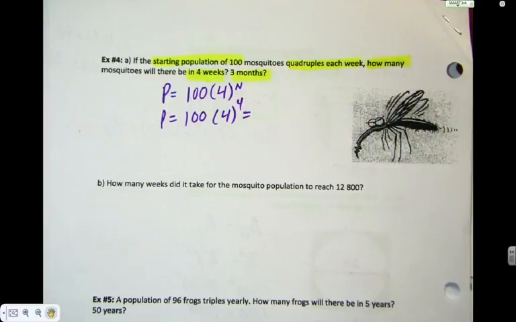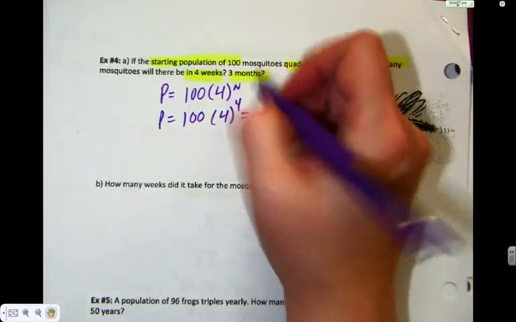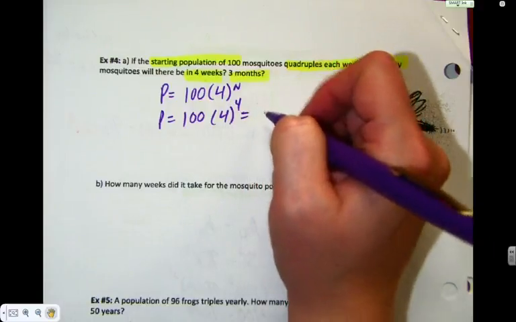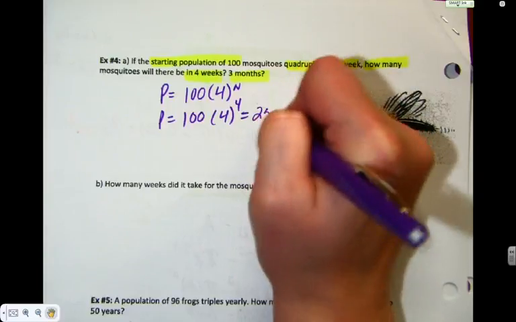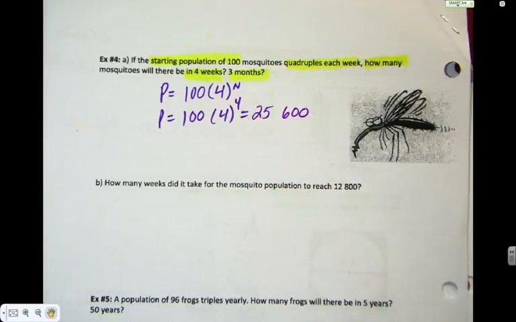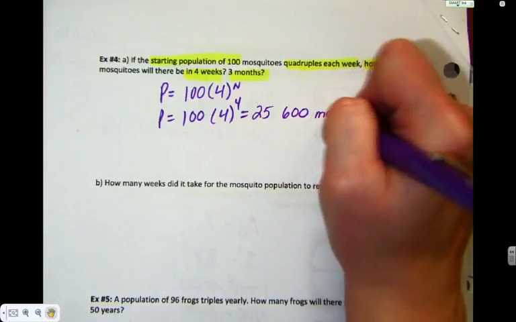A lot. 25,600 is the answer. Confirm. Units. Bloodsuckers.